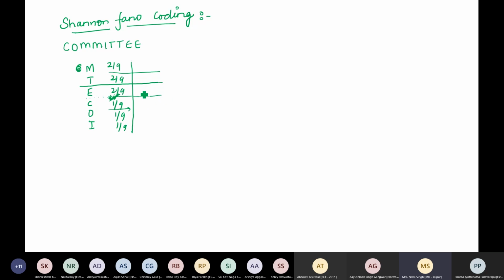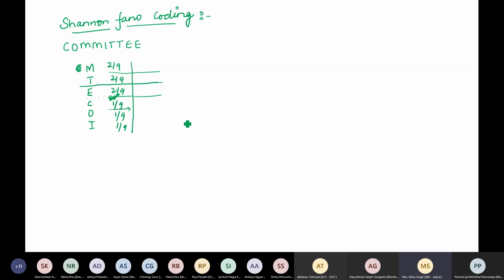How do we differentiate between them? Just like your Huffman coding, we keep on adding one bit every time on every step, right? But for Huffman coding, we were moving backward. For Shannon-Fano coding, we will be moving forward.